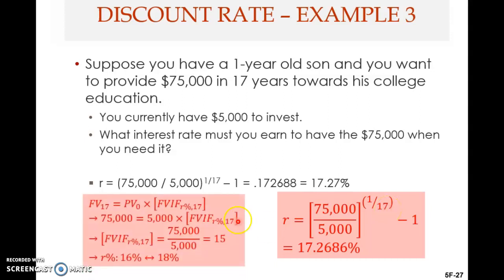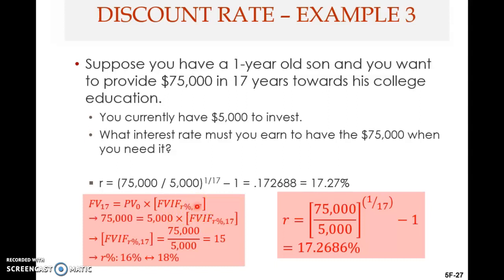Now you can also use the future value interest factor table. This is table A1 in your appendix, R percent, 17 years. Now note this, it is a bit tricky in using the table.